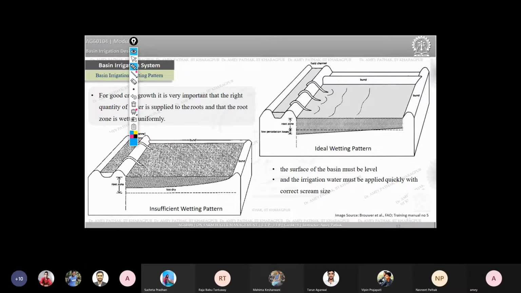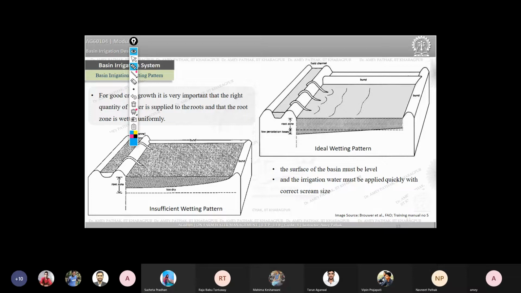For good crop growth, it is very important that the right quantity of water is supplied to the roots, and the root zone is wetted uniformly. In the entire area of one basin, a uniform depth has to be achieved. At least this much depth has to be achieved, and we design our system based on this Z requirement.